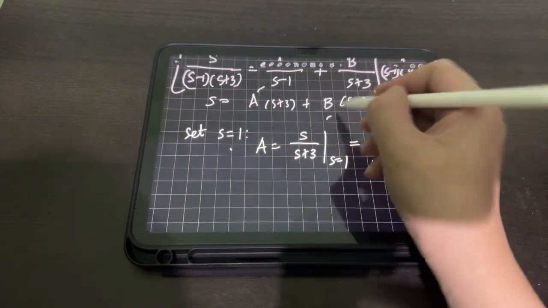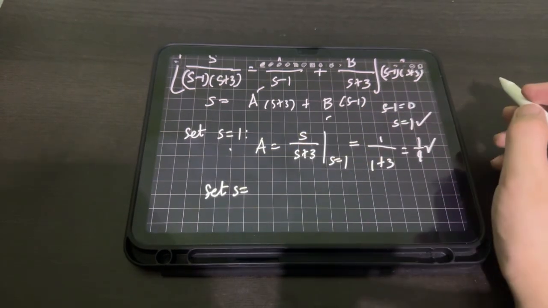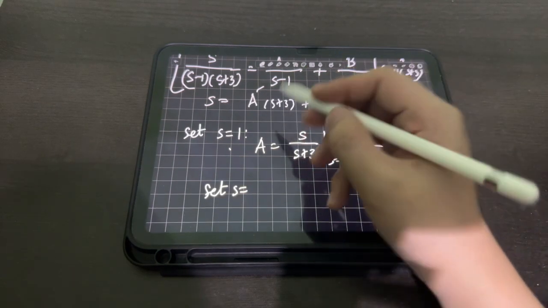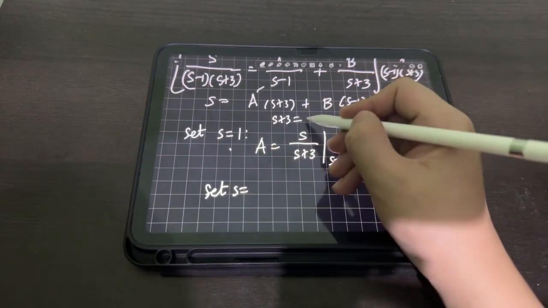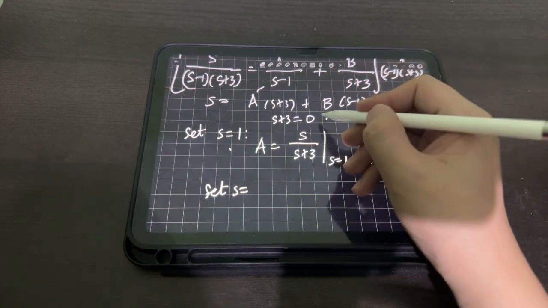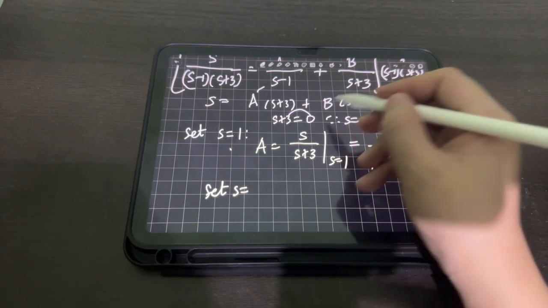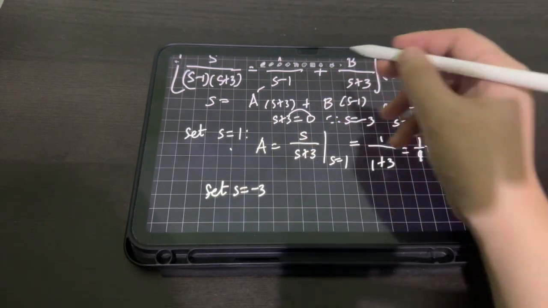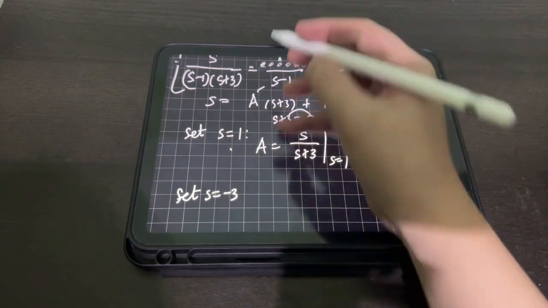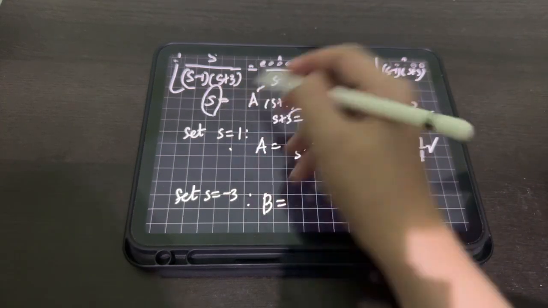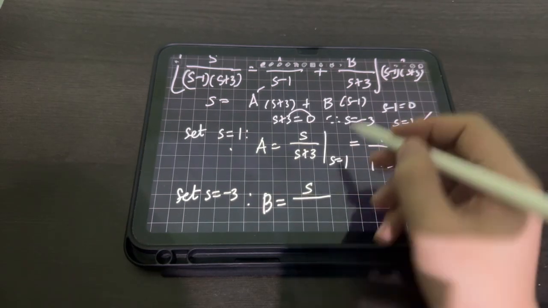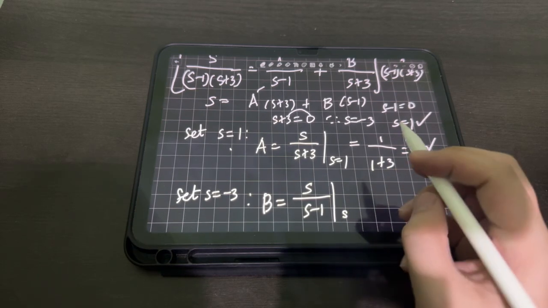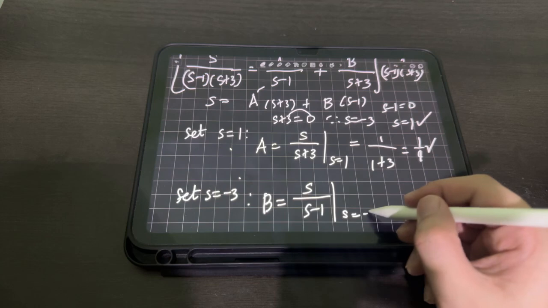Next, to solve for B, set s to be equal to, this time, look for the factor of the other unknown A. Its linear factor is s plus 3, right? Equate it to 0. Then solve for s. Therefore, s is negative 3. So set s equal to negative 3 so that the value of B is the expression on the left side, s, over the coefficient of B, s minus 1, then evaluated at s equal to negative 3.